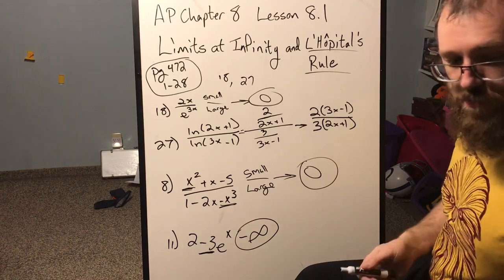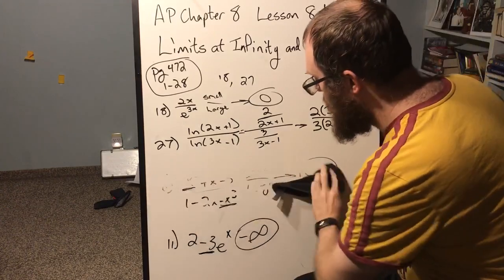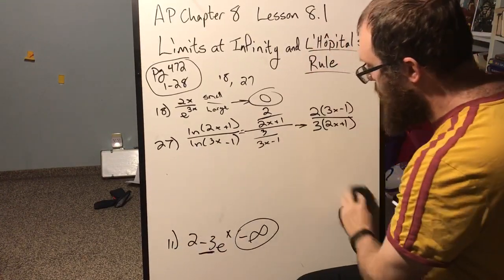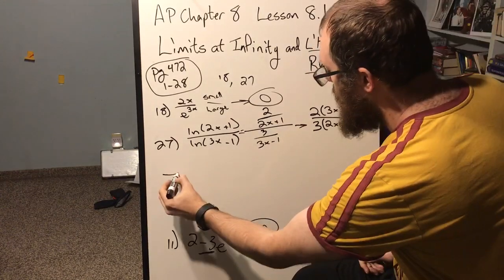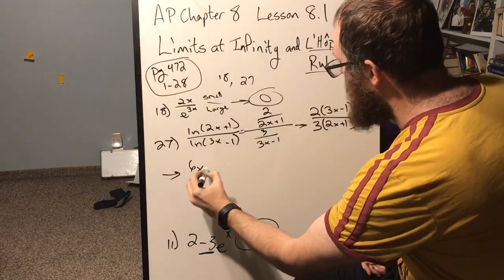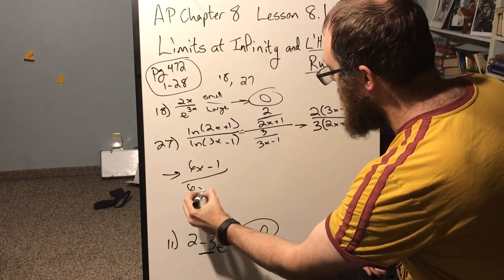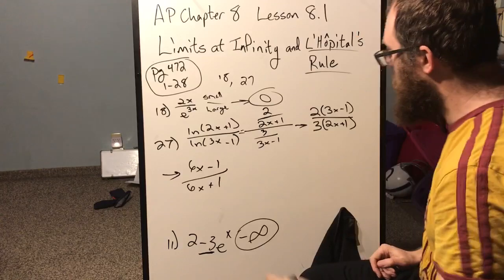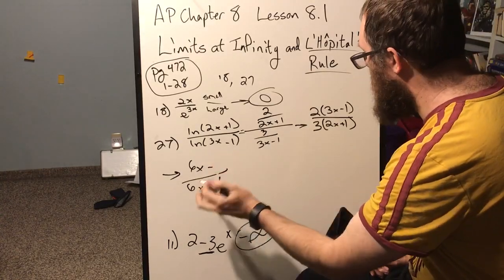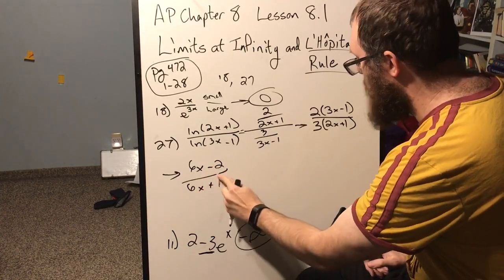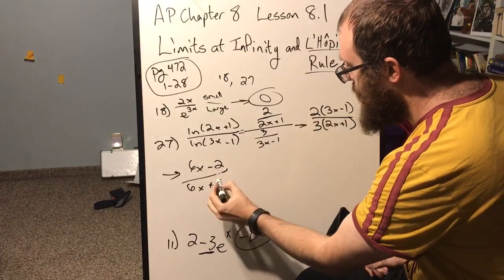Which really cruises forward into, at this point in time, 6x minus 2 over 6x plus 3.